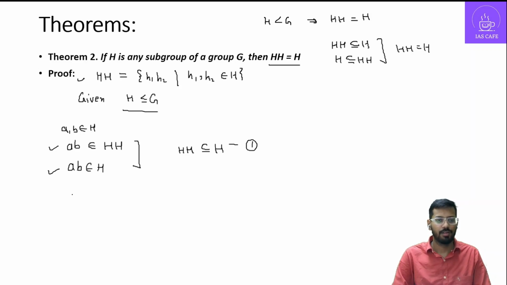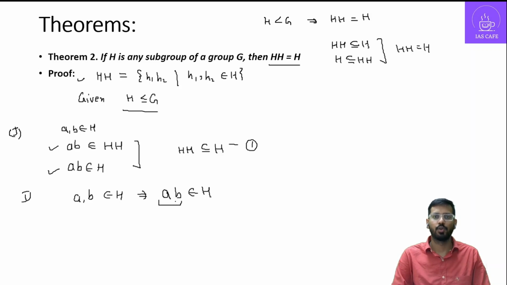Now the second part; this was the first part. If we take a and b belonging to H, then by closure property AB belongs to H. These are products of elements of H, so AB also belongs to HH.